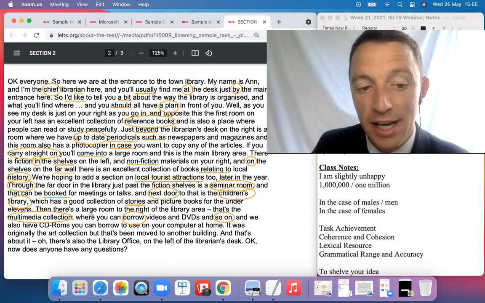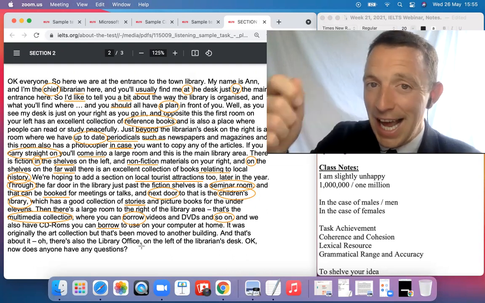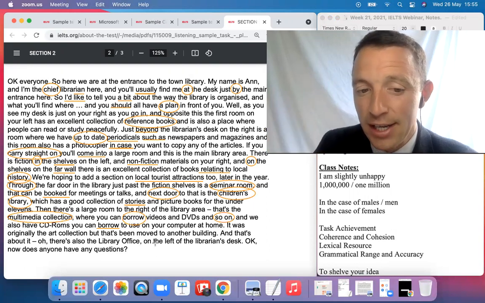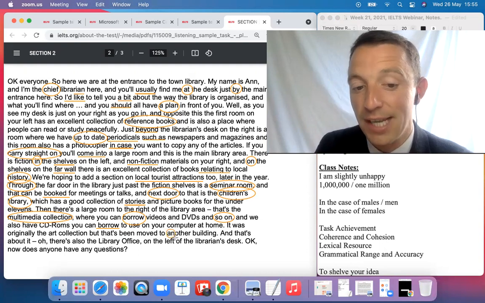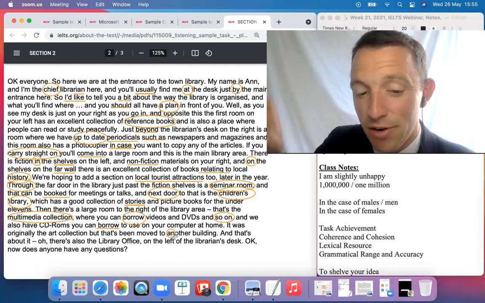Okay, and we also have CD-ROMs and you can borrow. Again, the difference between to lend and to borrow is very important. Como prestar y dar de prestar, to use on your computer at home. It was originally the art collection, but that's been moved to another is for singular, another day, another week, another person, but other is for plural, okay?